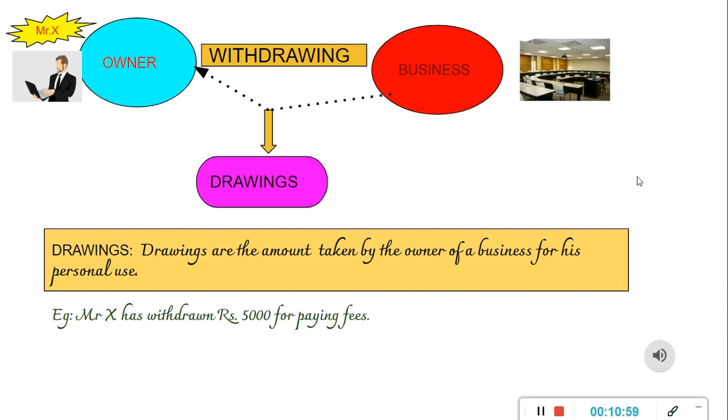He wanted to pay fees for his child. So that is his personal matter, right? So whatever amount we are taking from the business for our personal use is called drawings. Clear? So we got one more point, that is drawings. Capital means whatever amount we are investing in the business, and drawings means whatever amount we are taking from the business for our personal use. Clear? Okay.